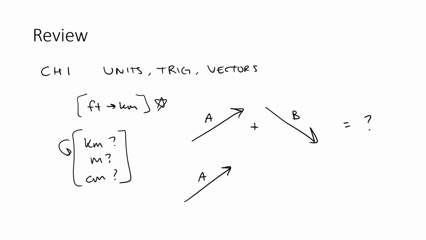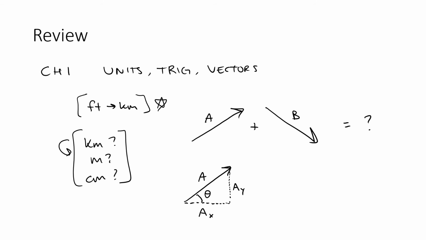This bottom note down here, that's trig review. That is breaking a vector up into its components, A sub x, A sub y. Can you do that? Knowing how to do that quickly will save you a lot of time on this test. I'll tell you right now.